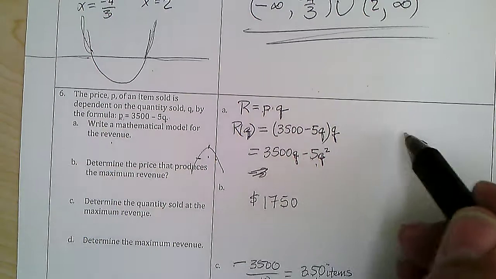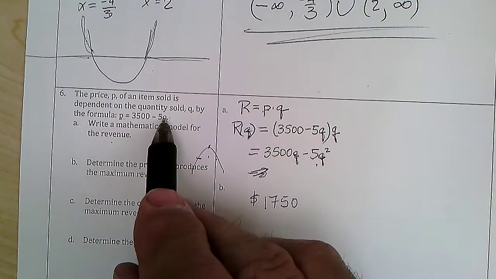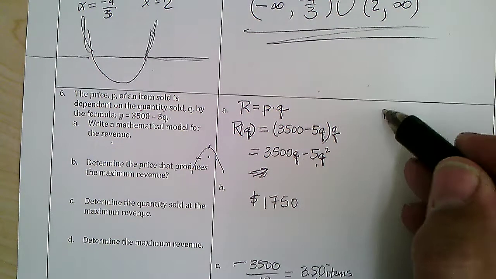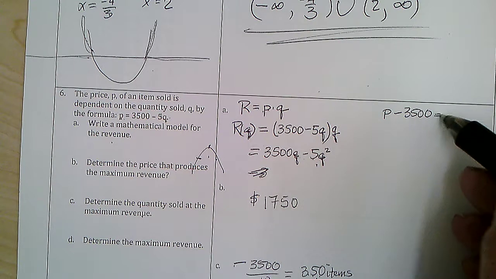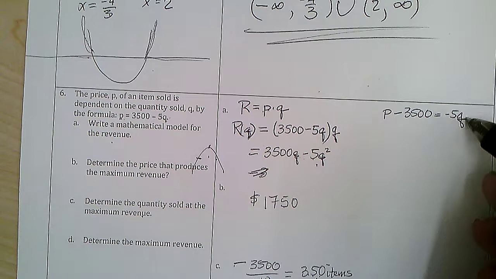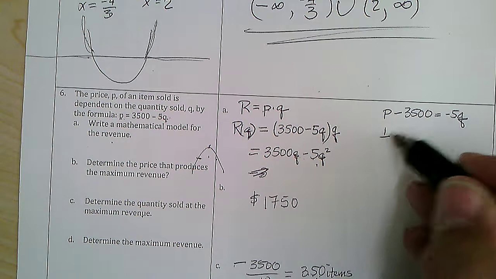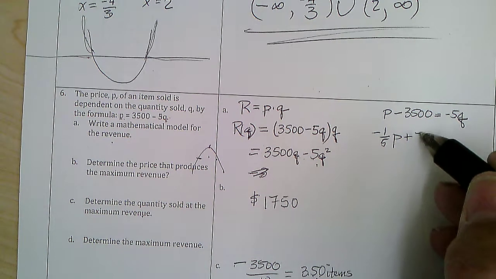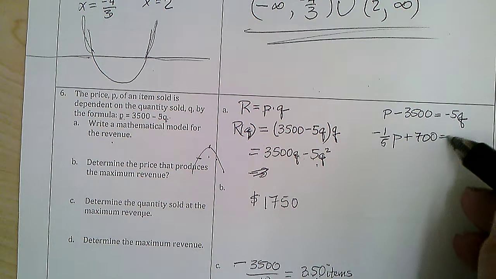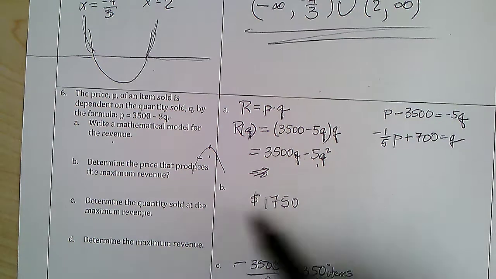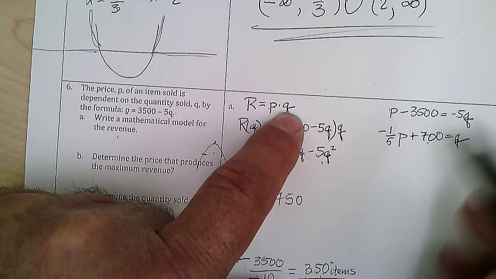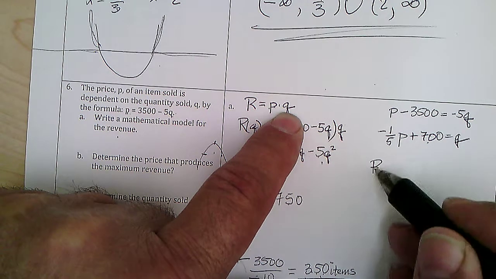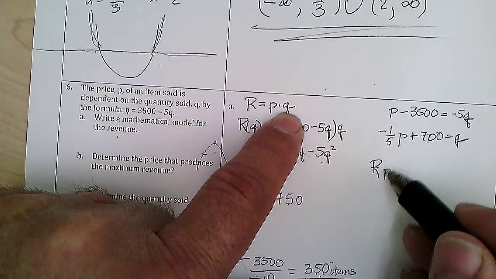Now you could have solved for Q in this, so that would be P minus 3,500 equals minus 5Q, and divided by 5, and we get minus 1/5 P plus 700 would be Q, and then we could replace Q with this, and so the revenue now would be in terms of the price.